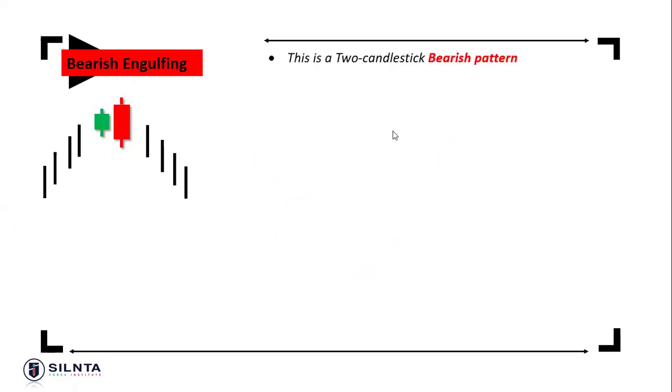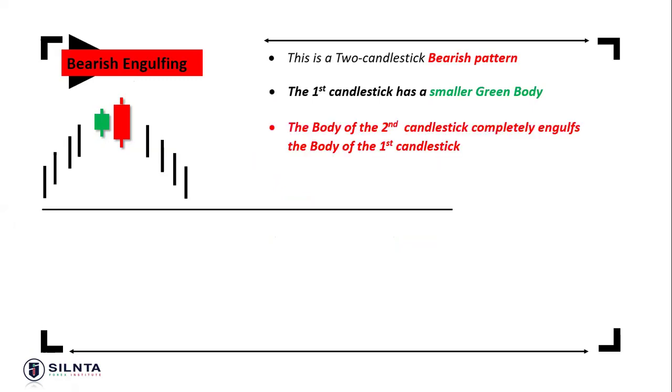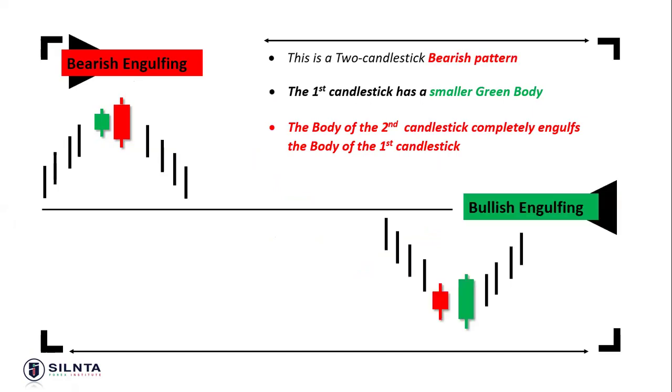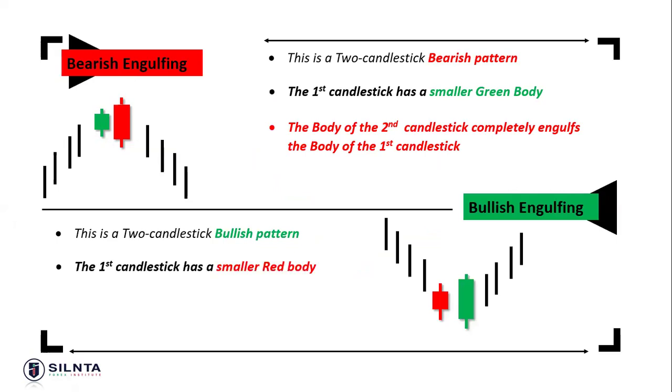And then we have this, a 2 candlestick bearish pattern. The first candle is a smaller green body. The body of the second candlestick completely engulfs it, like it swallows the body of the first candle. And then the bullish engulfing is in a similar manner. This is a 2 candlestick bullish pattern.